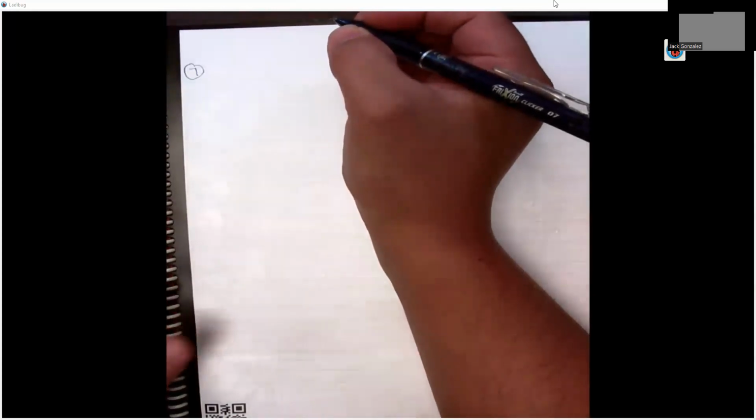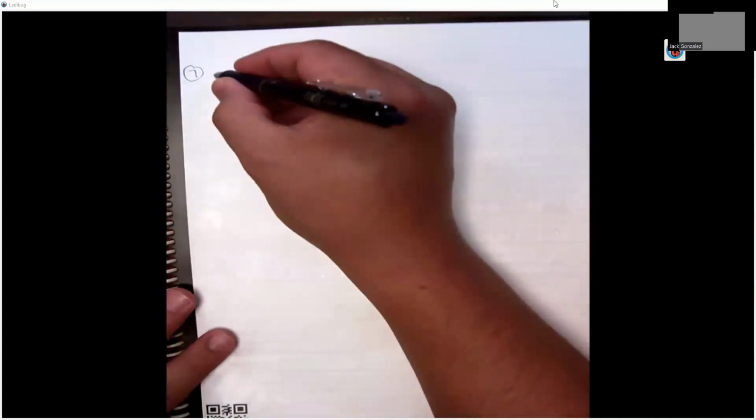Number 7, find the exact value of trig functions at pi thirds.